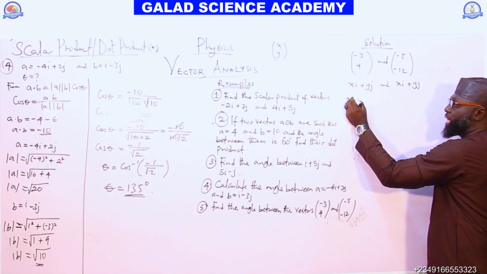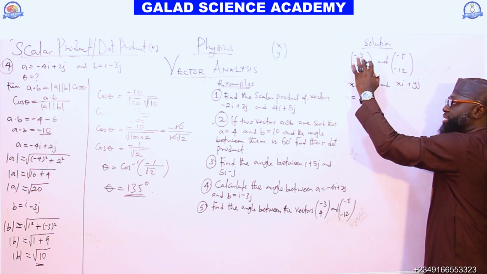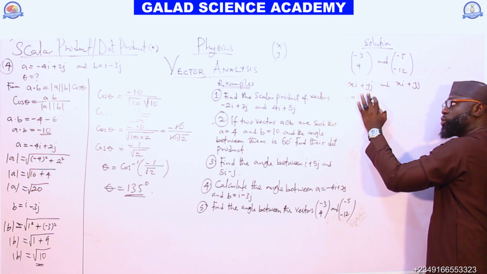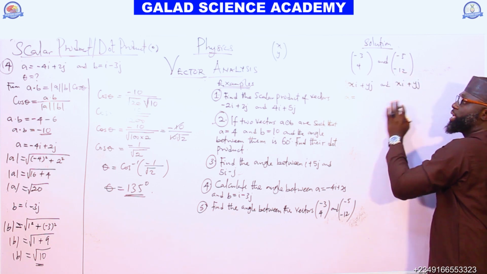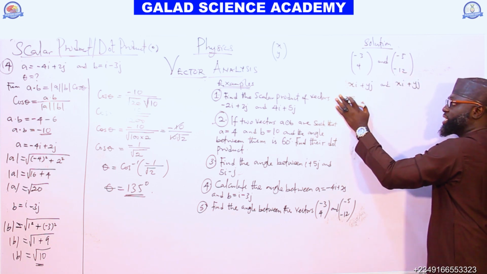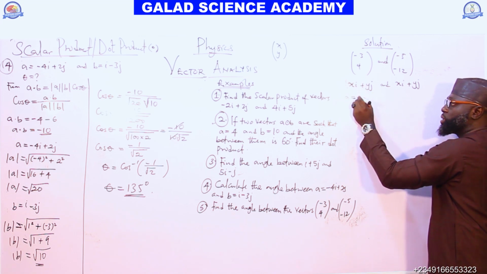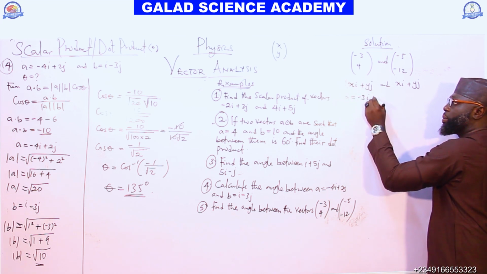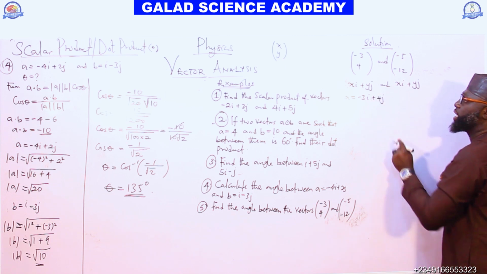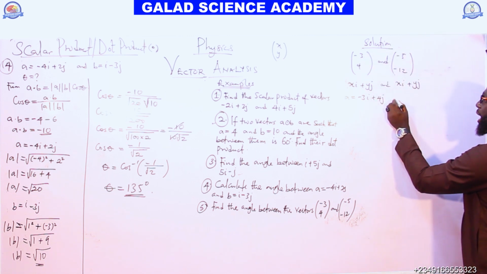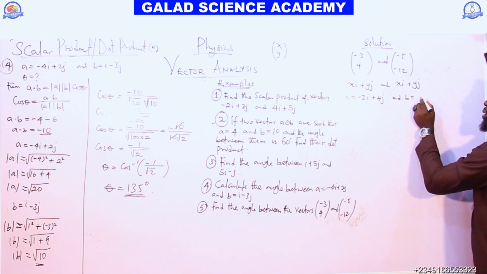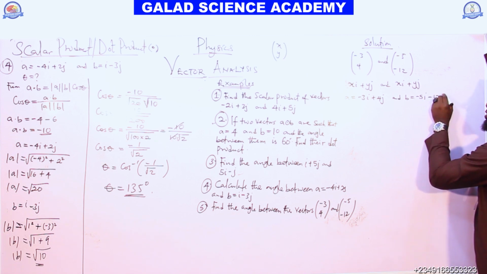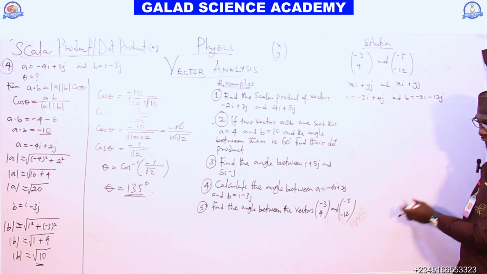This 3 is x, 4 is y, minus 5 is x, 12 is y. You can rewrite it in this form: A is minus 3i plus 4j, and the vector B is minus 5i minus 12j.